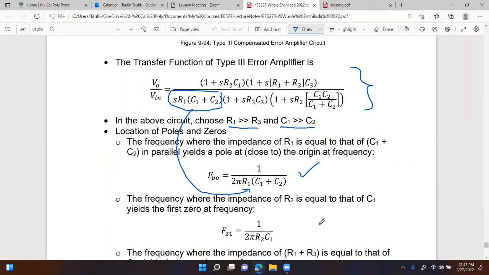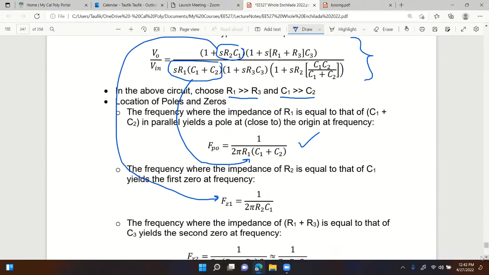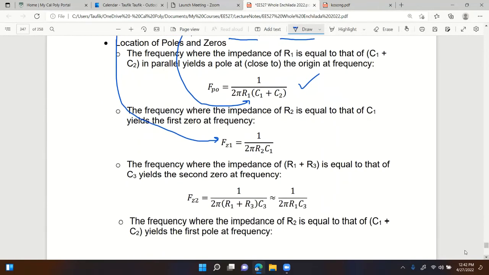The frequency where the impedance of R2 is equal to that of C1 yields the first zero. So this one basically, that's going to be the first zero. I call it Z1, the first zero frequency. And you can see there's a second zero, from R1, R3, and C3 right here.